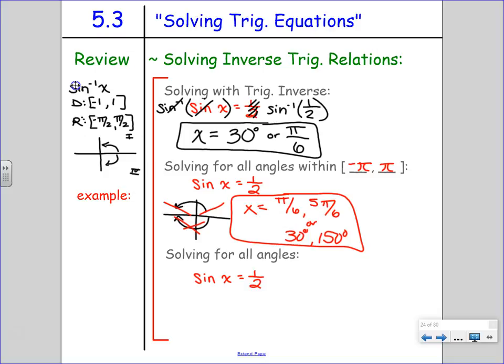It's the same question. Because it said to look all the way to pi. It didn't want me to stop at pi over 2. And sine is positive 1/2 not only in the first quadrant, all students, but sine is also positive in the second quadrant. So I need to go get the other angle too.